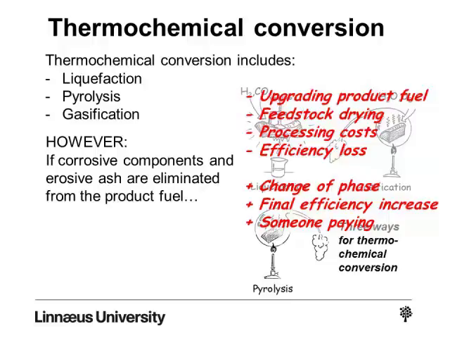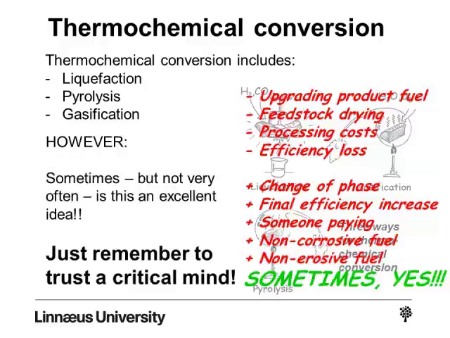But if you gasify the wood chips and you then remove all the erosive and all the corrosive components from the gas and you feed the gas turbine with that gas, then you can run the turbine, the gas turbine. So there are not only drawbacks with the thermochemical conversion, but there are also positive sides.